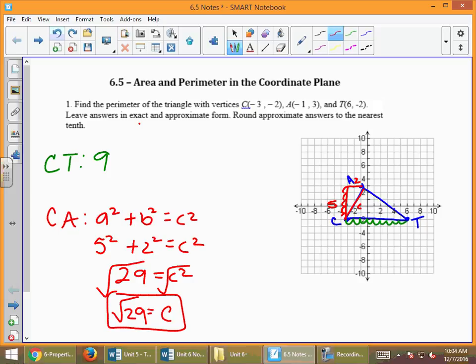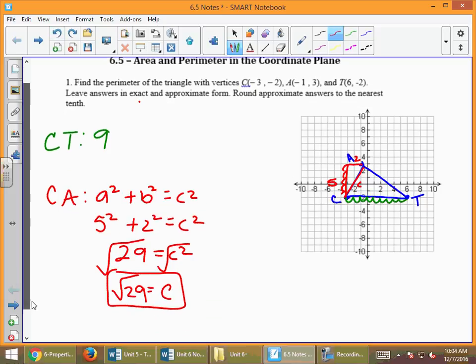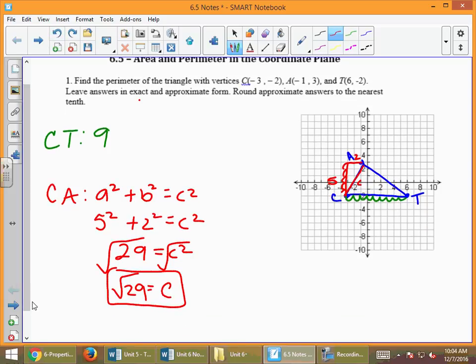We're going to repeat that same process with the other side. We want to find AT. Well, you just make your right triangle. Find the legs. What's that leg? 5. We count over.